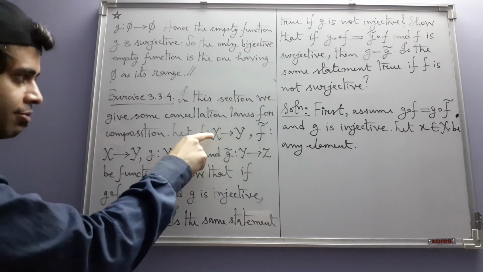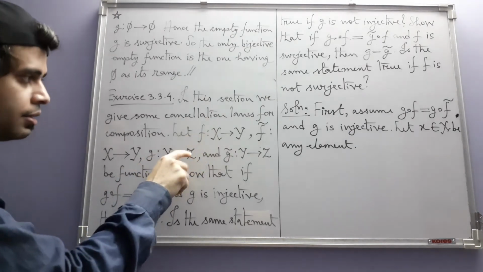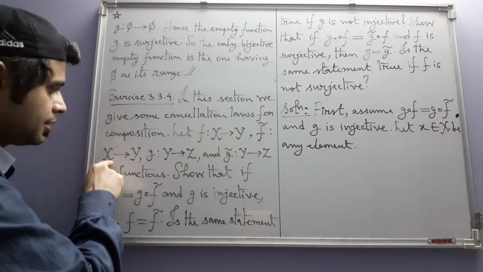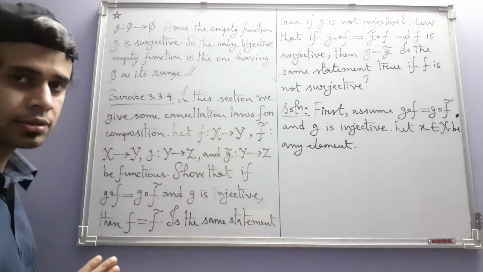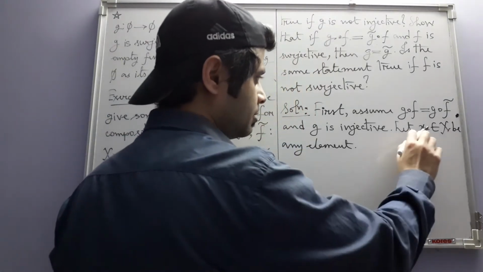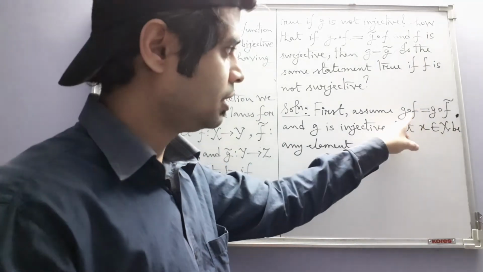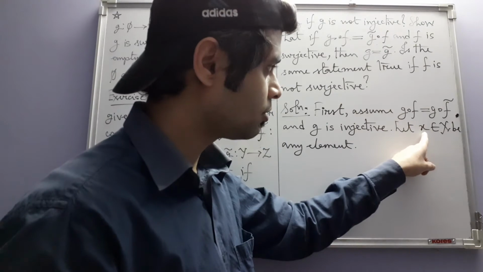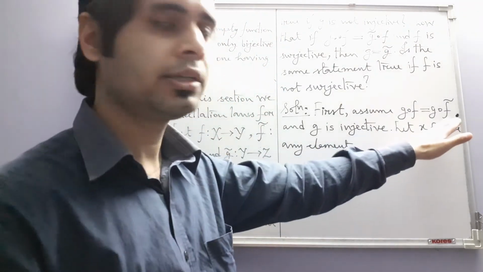G composition F maps X into Z. Like that, G composition F tilde also maps X into Z, because the intermediate sets vanish, that thing we have already discussed. So since G composition F has capital X as its domain, and this one also has X as its domain, we can apply both of these on this element x, and they will produce the same output because they are actually the same function.